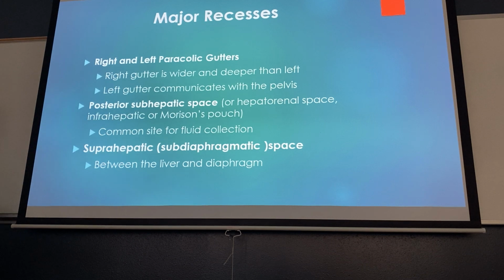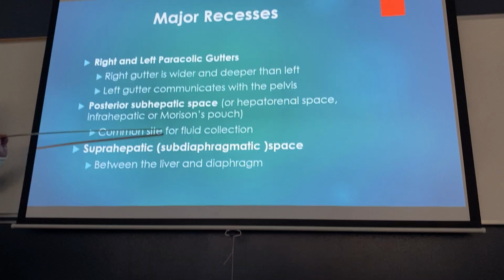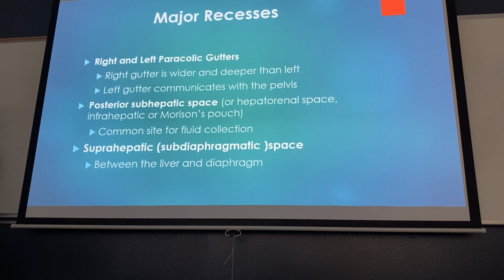One that we'll sometimes see with renal and liver failure is referred to as the posterior and anterior subhepatic space. Old terminology referred to it as Morrison's pouch, but there are other terms for it, such as the hepatorenal and infrahepatic pouch or spaces.